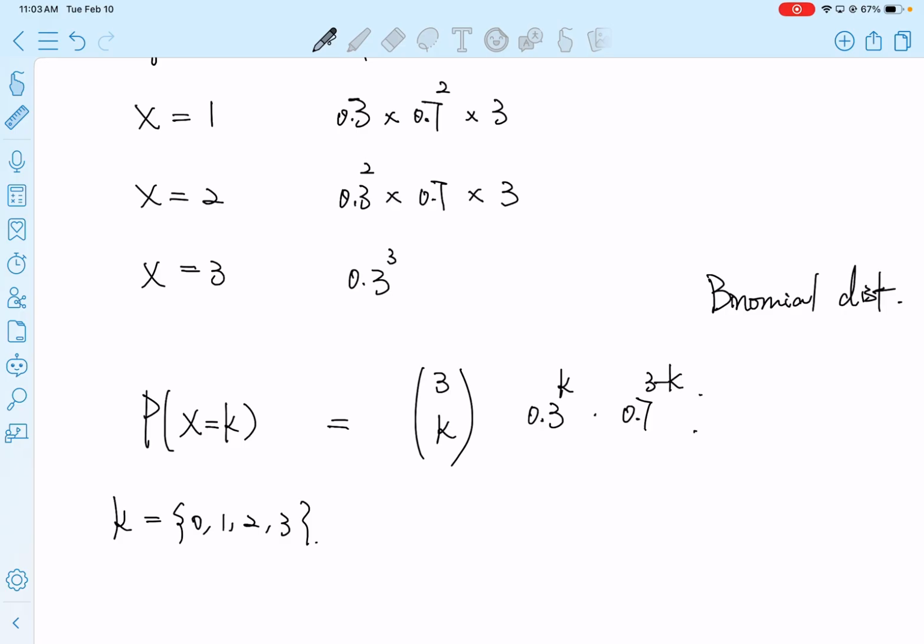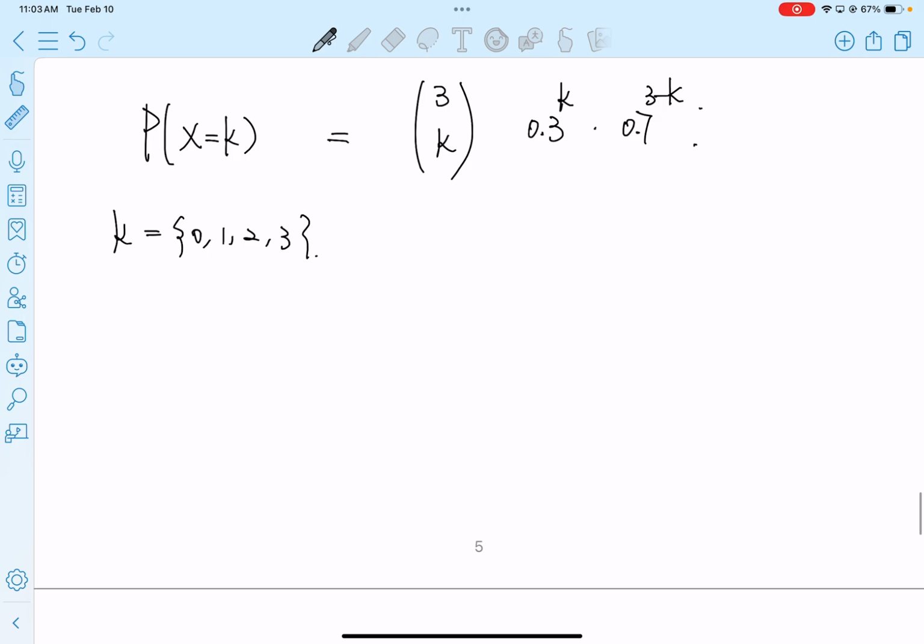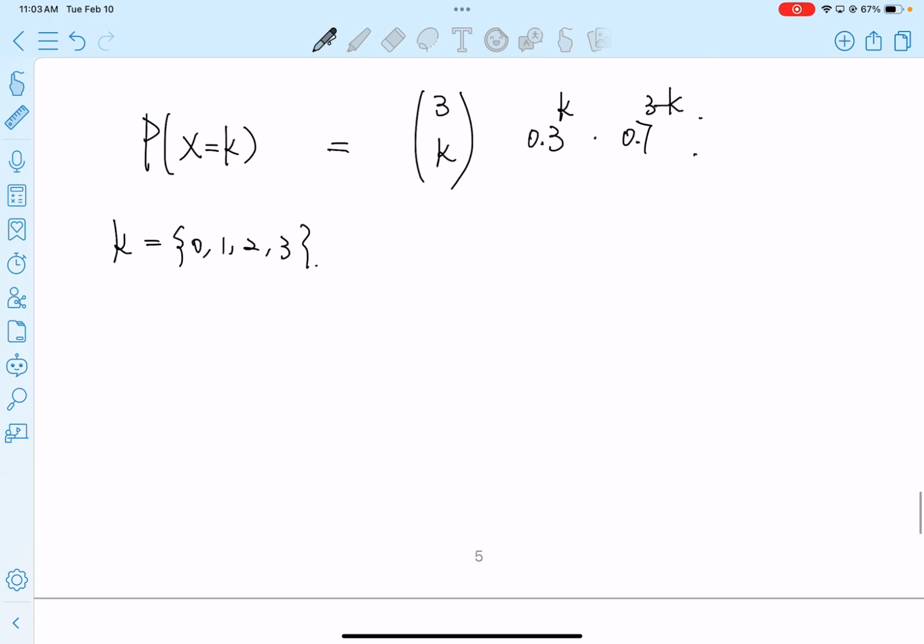So essentially the 3 choose k here is the way to handle the counting part, where you have n different objects and you want to choose k of them. In our case, n is equal to 3. So we have 3 trials in our random variable.